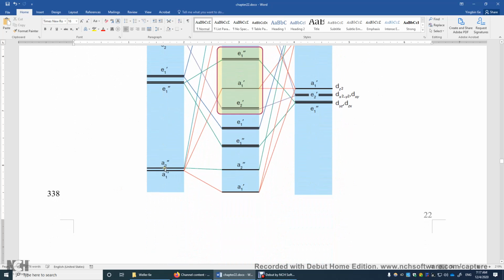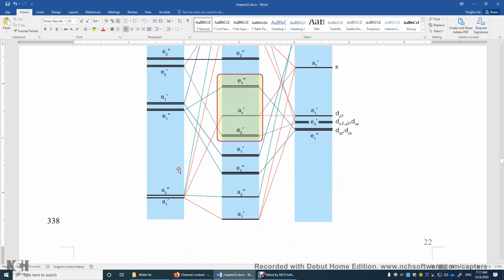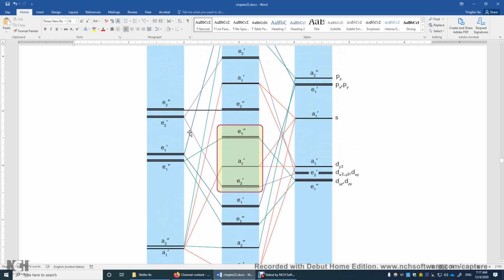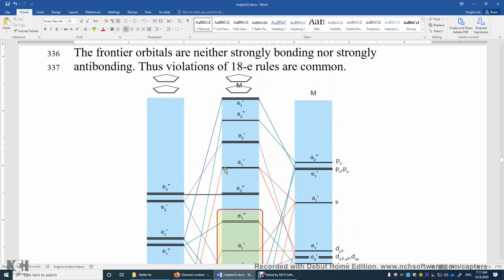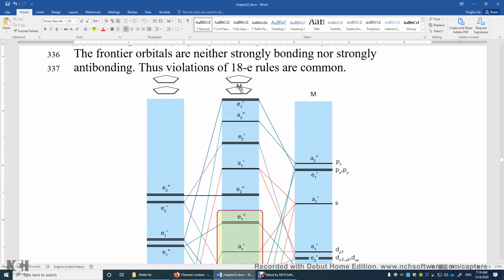So in this case, this A2 double prime will interact with, I need to find A2 double prime, the green line all the way up there, over here. Oh, p orbitals, pz orbitals. If you look at the pz orbital, it's centered on the metal. So you imagine we have 2 lobes. We have plus lobe pointing to the top ring, minus lobe pointing to the bottom ring.